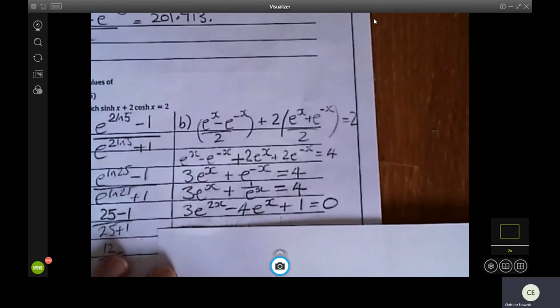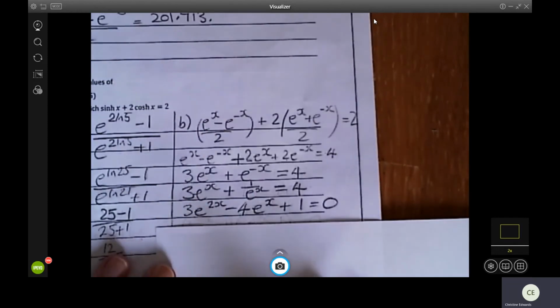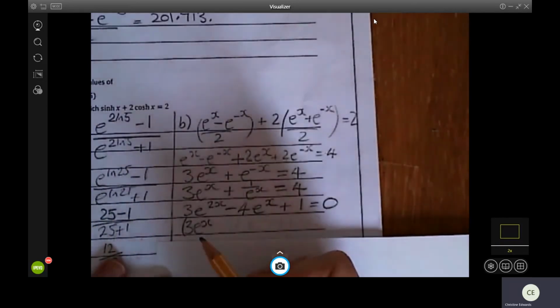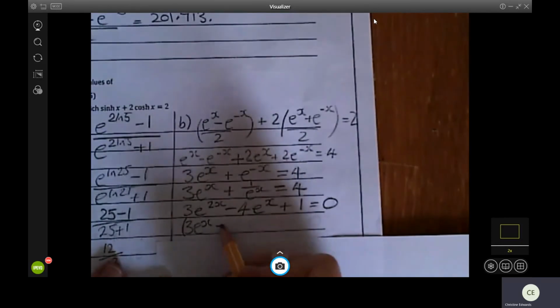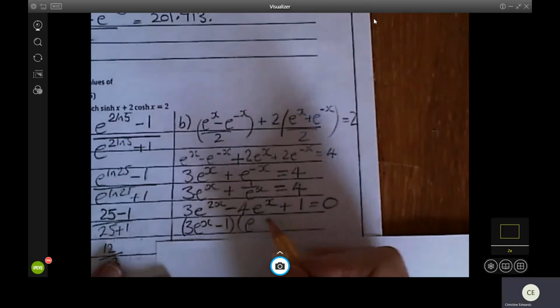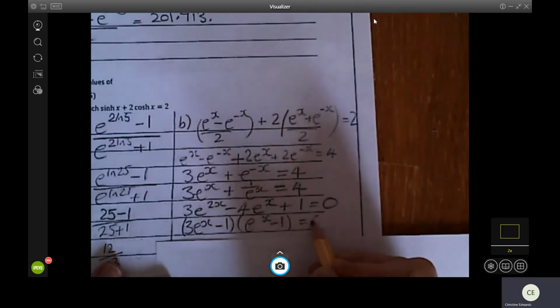So now you can see that I have a quadratic in e to the x, so I'm in a position to factorise. So we have 3e to the x minus 1 and e to the x minus 1 equals 0.